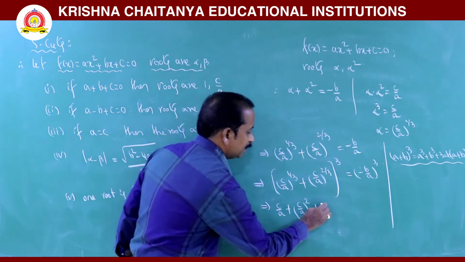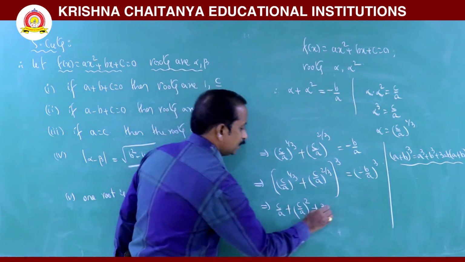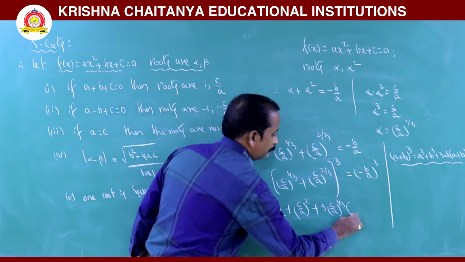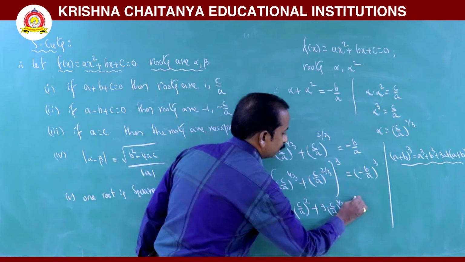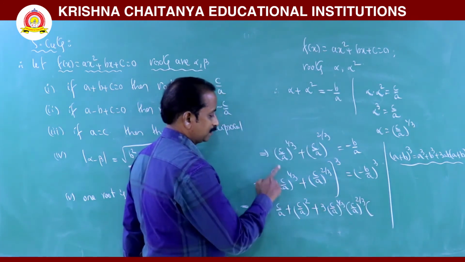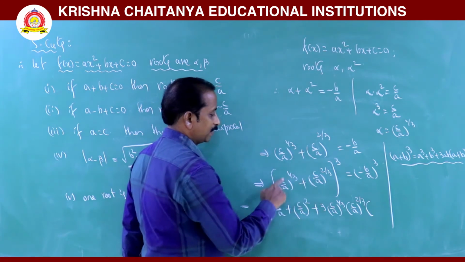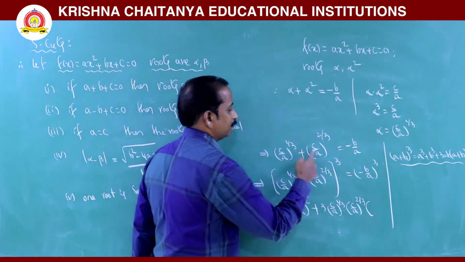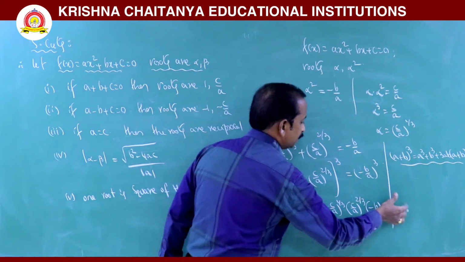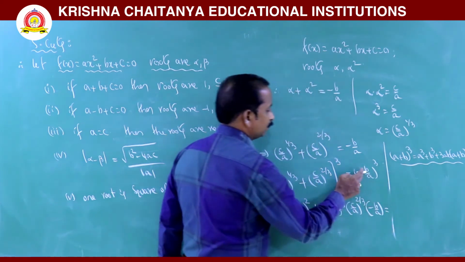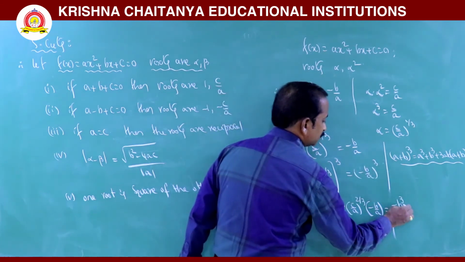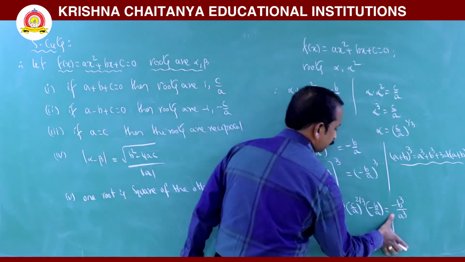Plus 3ab, where a means c by a whole power 1 by 3, b means c by a whole power 2 by 3, into a plus b. This is a, this is b. A plus b value is nothing but minus b by a, so it is minus b by a whole cube, means minus b cube by a cube.